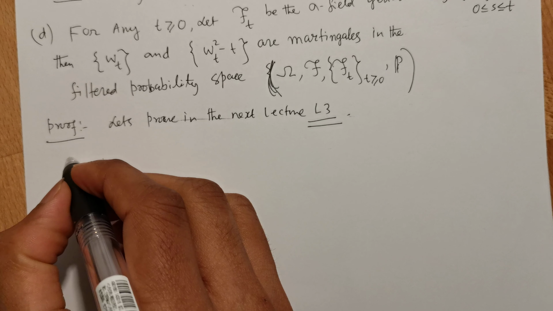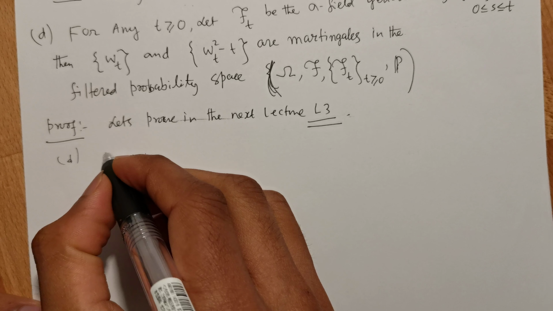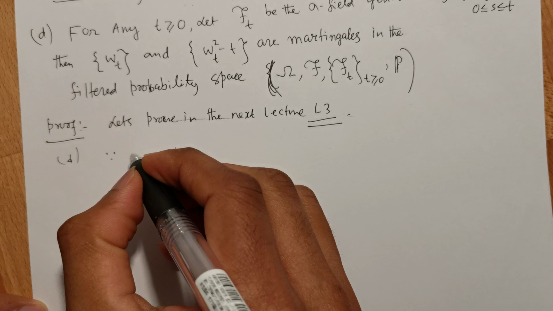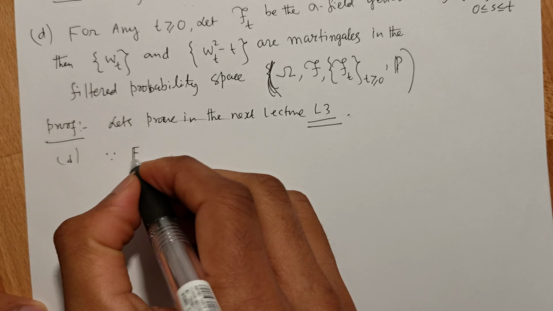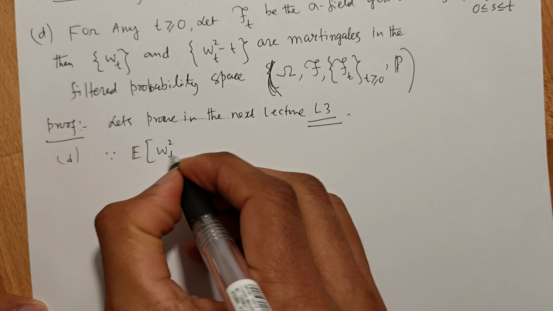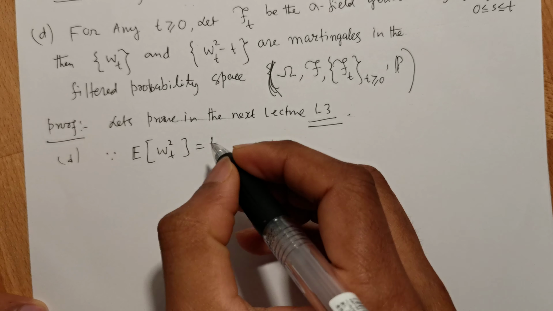So we know from the properties of Wiener process that expectation of W squared t is t, right?